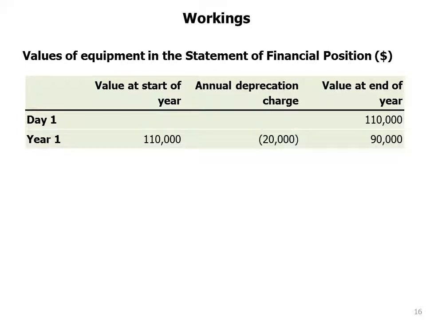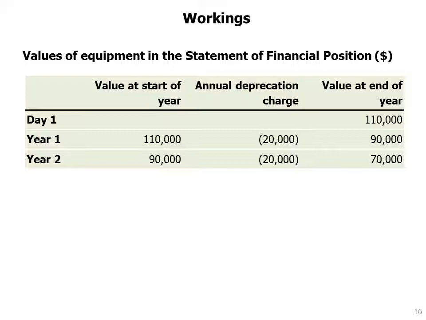At the end of the first year, we will have taken a depreciation charge through the income statement of $20,000, and that will have reduced the carrying value for the piece of equipment on the balance sheet from 110,000 to 90,000. And in the second year, the value at the start of the second year would be $90,000. Annual depreciation charge in the second year is unchanged, $20,000.